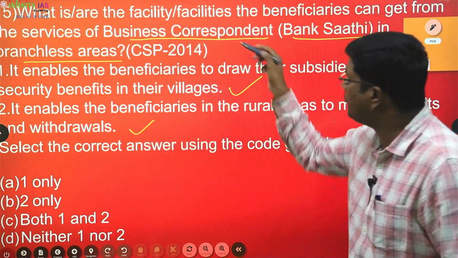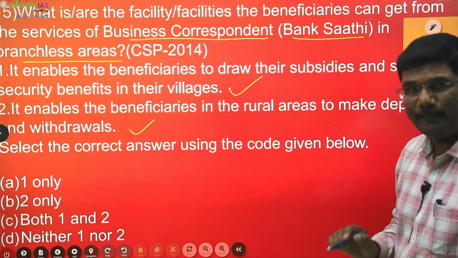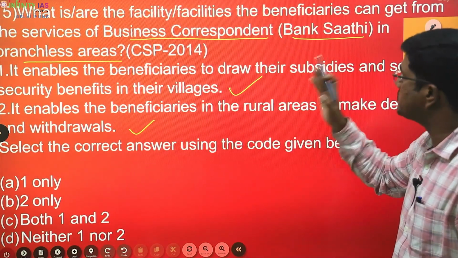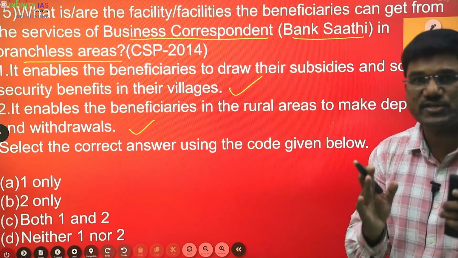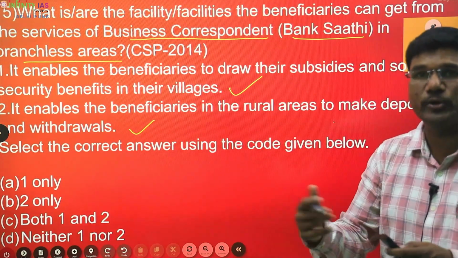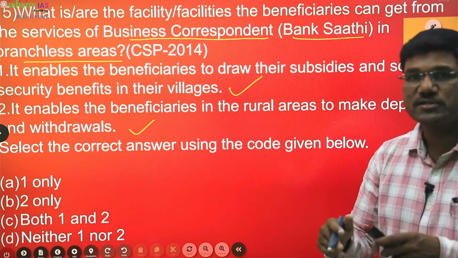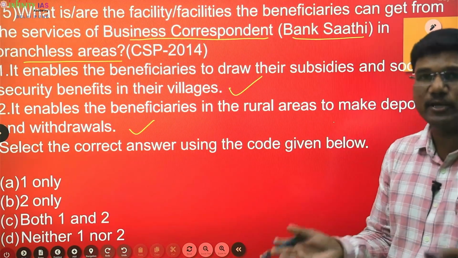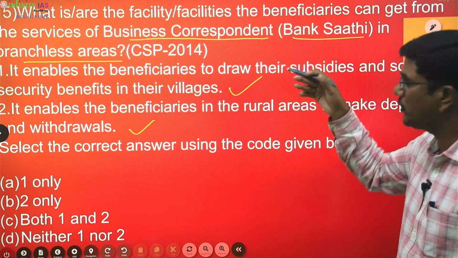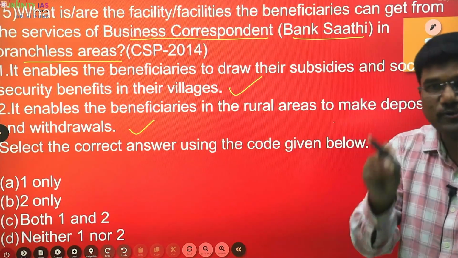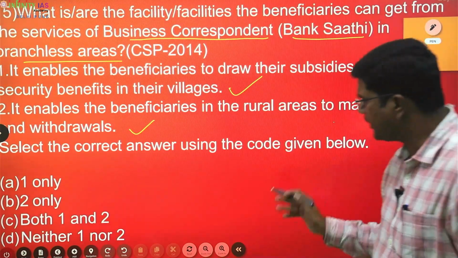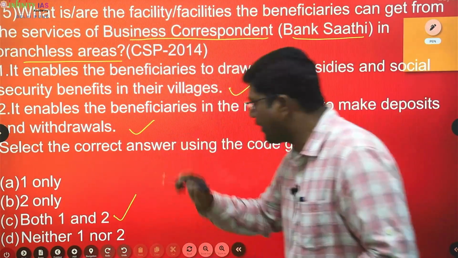Yes, that is why they have been appointed. What is a bank sakhi? Bank sakhis assist the banks, wherever banks are unable to reach. They make banking operations easy for consumers. With the help of bank sakhis, they can open their account and take benefit of social security benefits, and that is why the answer is both 1 and 2.